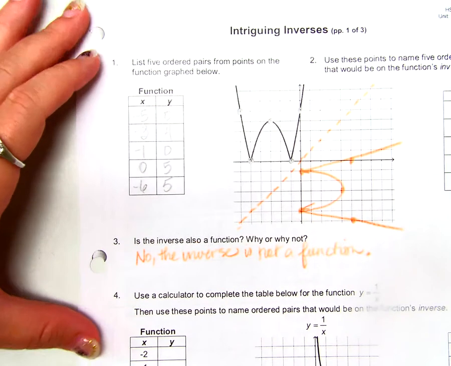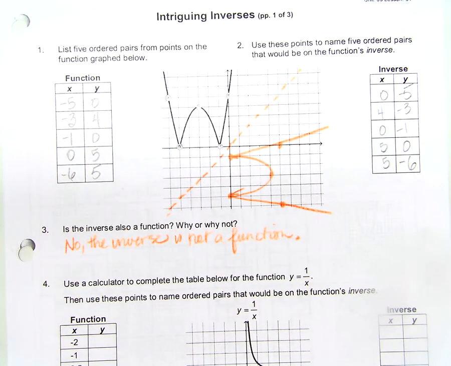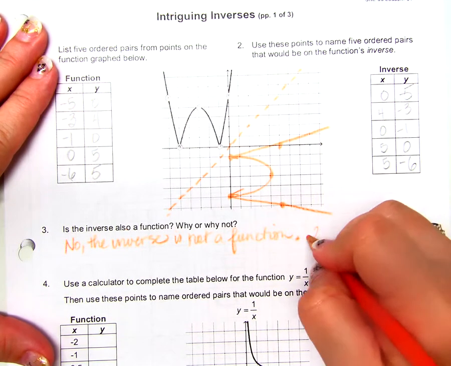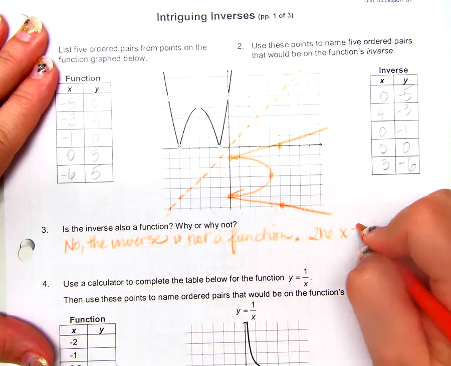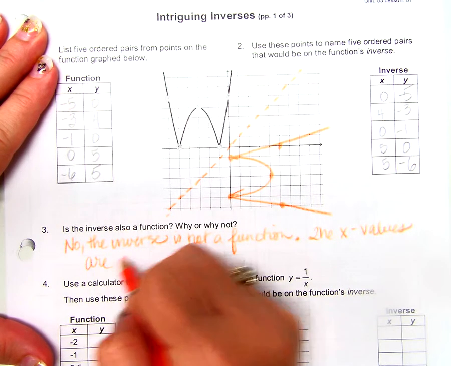How did I know to write it in the sentence? Why or why not, right? Okay, good. So why or why not? X values are repeated. Very good. The X values are repeated.